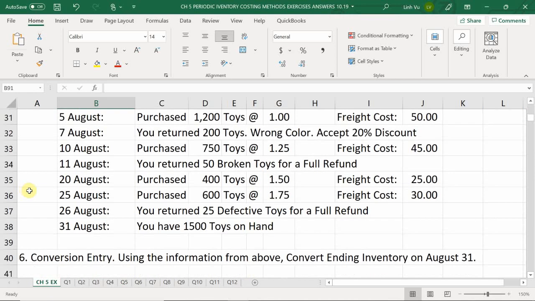All right, so then on August 20th, we end up purchasing 400 toys at $1.50 with a freight cost of $25. So 400 at $1.50 with a freight of $25.